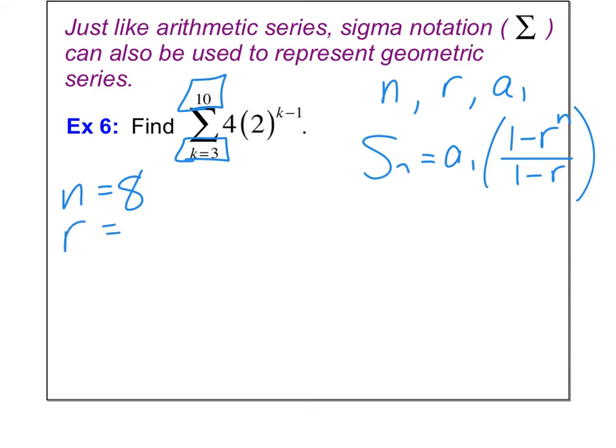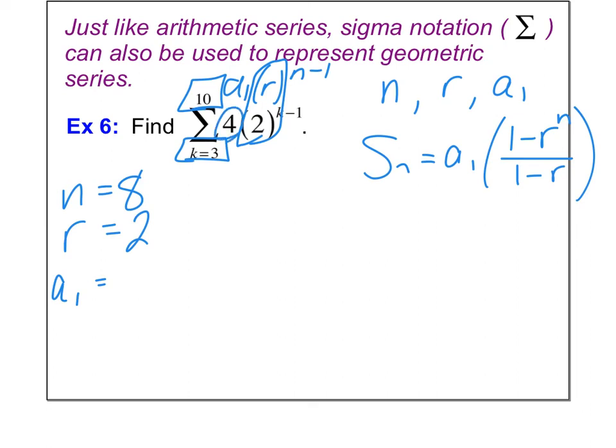Well, r, ironically enough, can be found right here. R in the geometric sequence is the number in parentheses right next to the first term, which is 2. And a sub 1 being what? Not 4. Careful now, it's not 4.